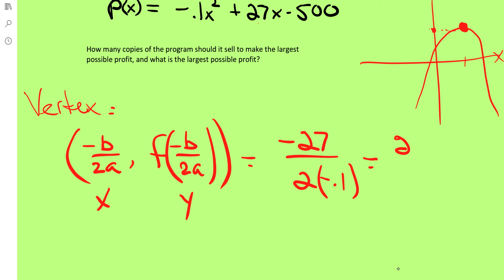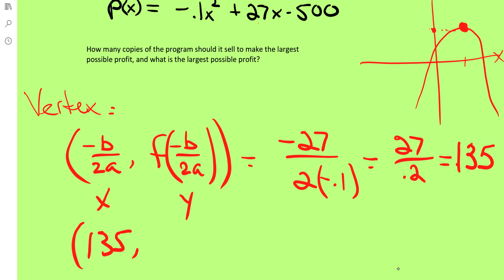So I'm going to end up with 27 over 0.2. And 27 divided by 0.2 is going to give me 135. So that's my x value, and that's going to be 135, comma.